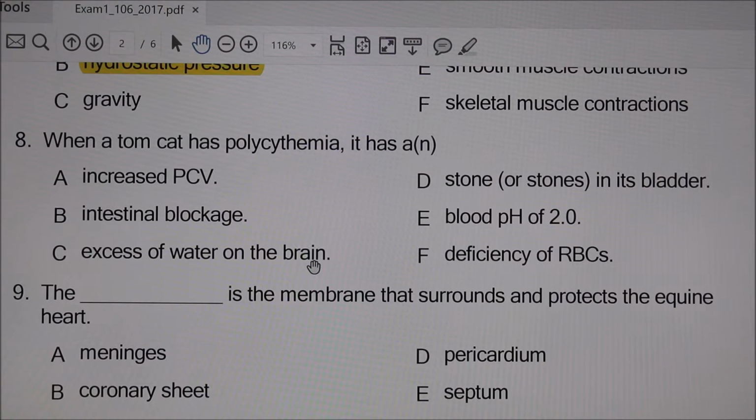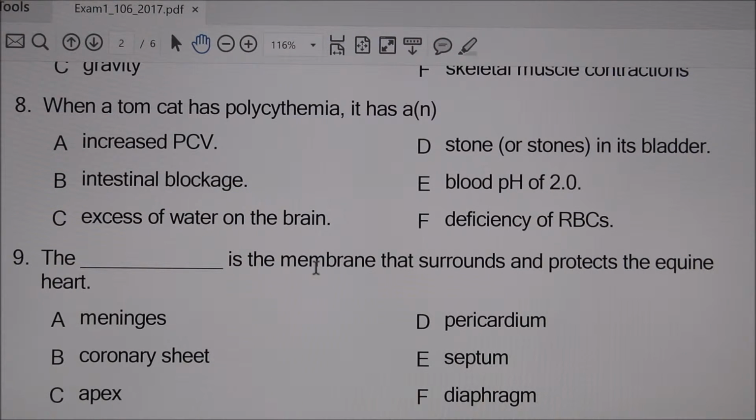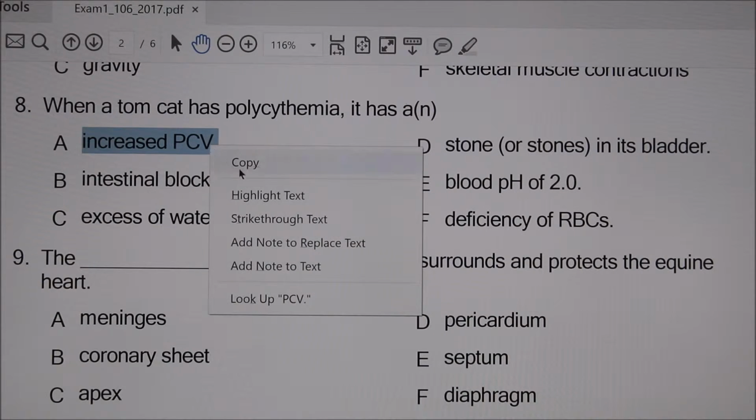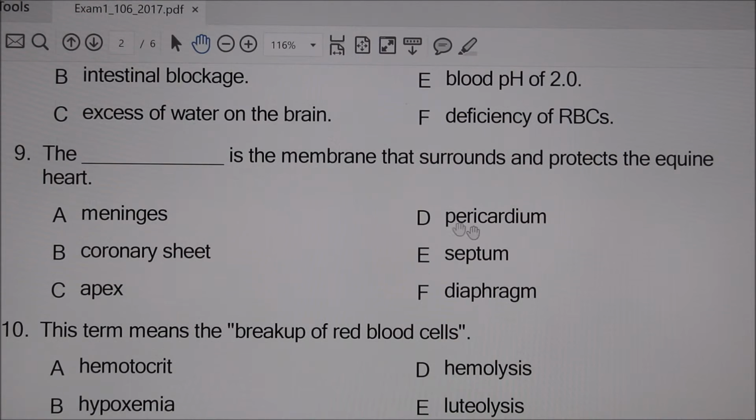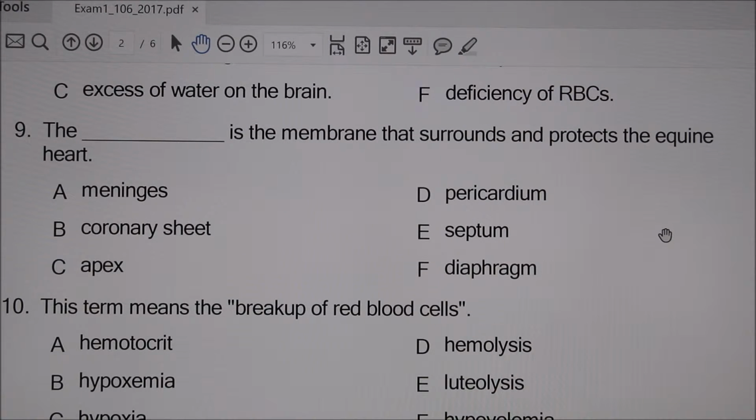Okay. When a tomcat has polycythemia, it's got a lot of blood cells in the blood. That means many cells in the blood. You get an increased packed cell volume. Okay, this talks about the heart, and somebody said, does the equine heart equal the feline heart, and so forth.